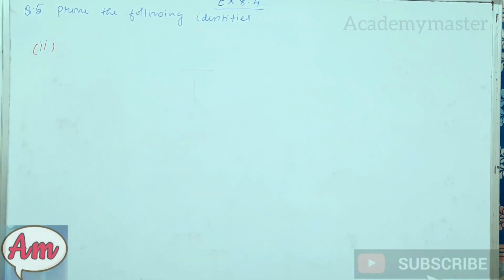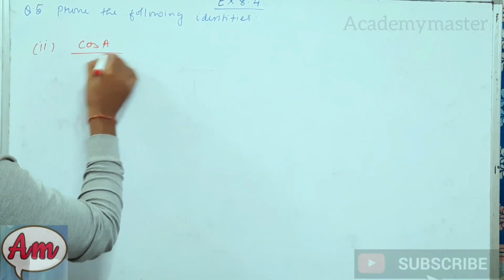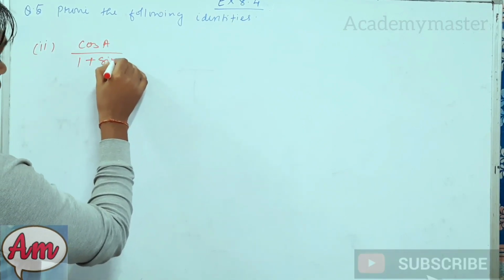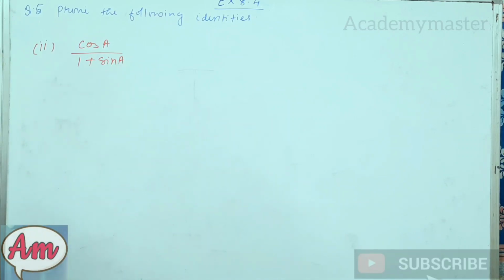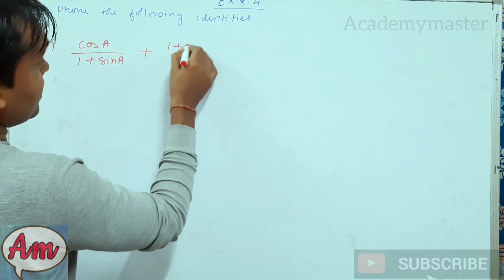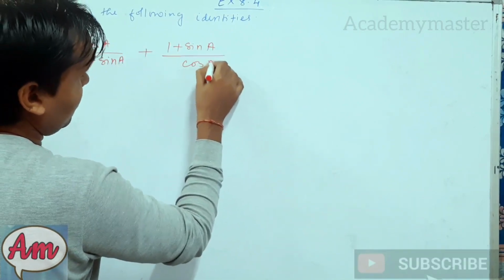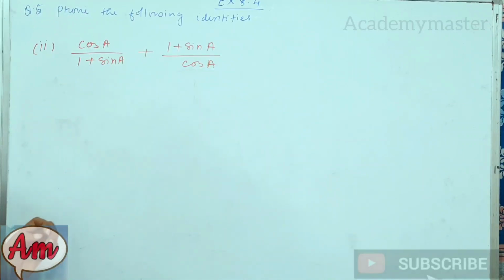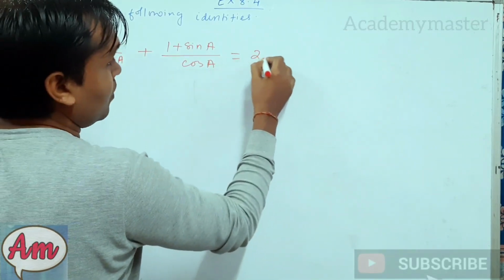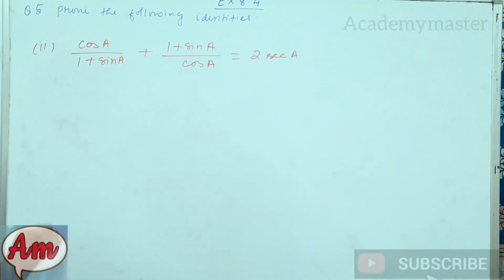So question number 2, what does it say? Cos A by 1 plus sine A plus 1 plus sine A by cos A. This is the question. We have to prove it equals 2 sec A. That is what we have to prove here.